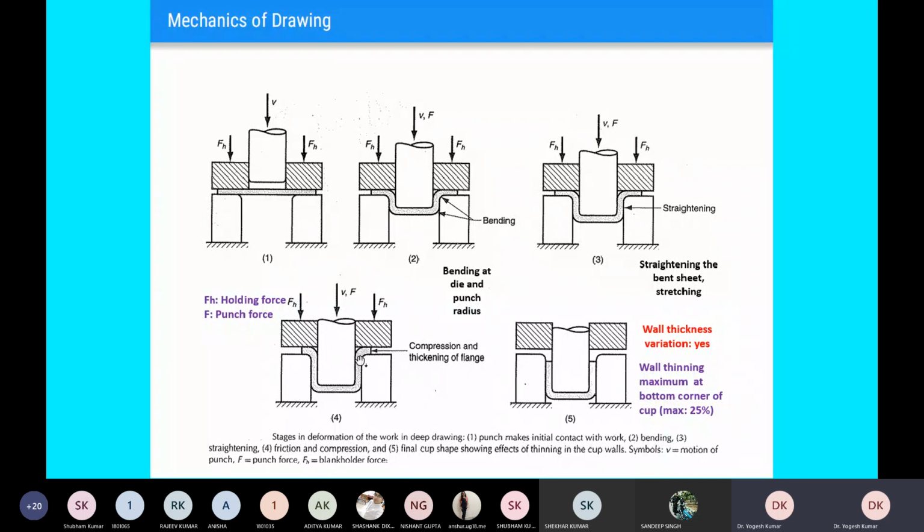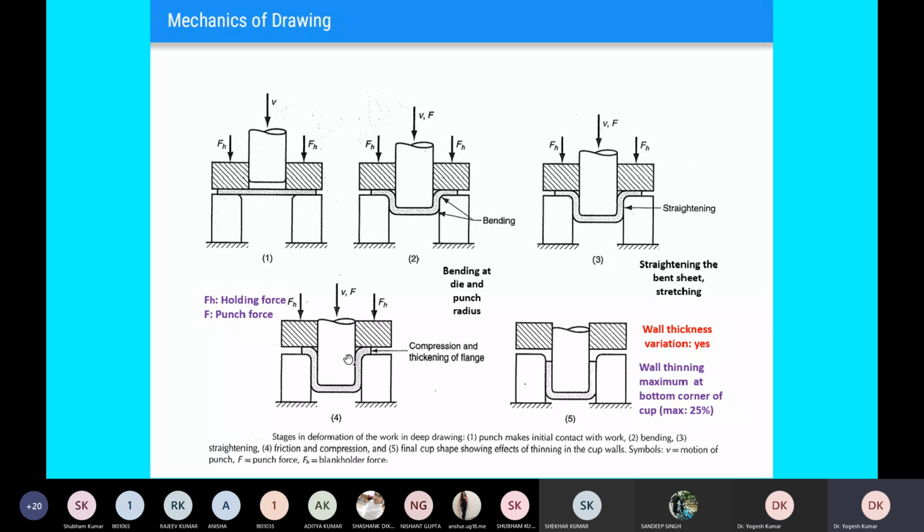This thickening is taking place because material is not able to flow properly, maybe because of frictional force or blank holding force, basically the frictional force between your blank holder and your sheet surface. So this thickening takes place, and the compressive stress is increased in this portion.